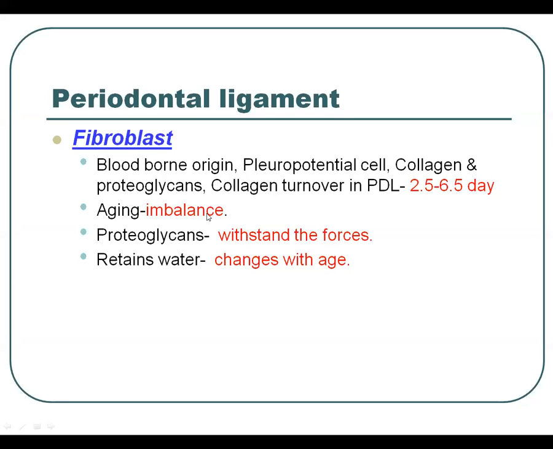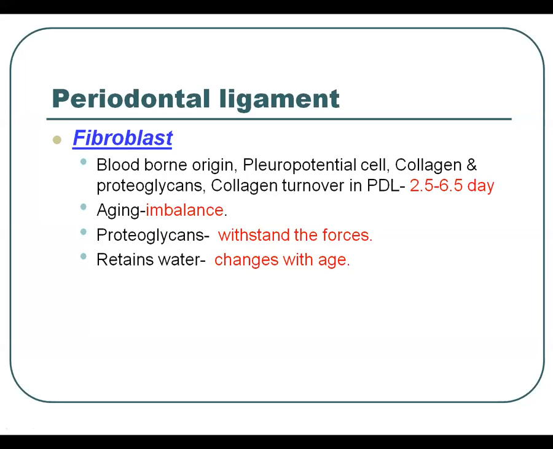Yes. Okay. So next will be the proteoglycans. The main function of these proteoglycans is to withstand the occlusal forces, and the water content in the periodontal ligament space also changes as age advances. Which means the fibroblast reorganization that takes place in adolescence is different in adults, and it is reduced in old age.